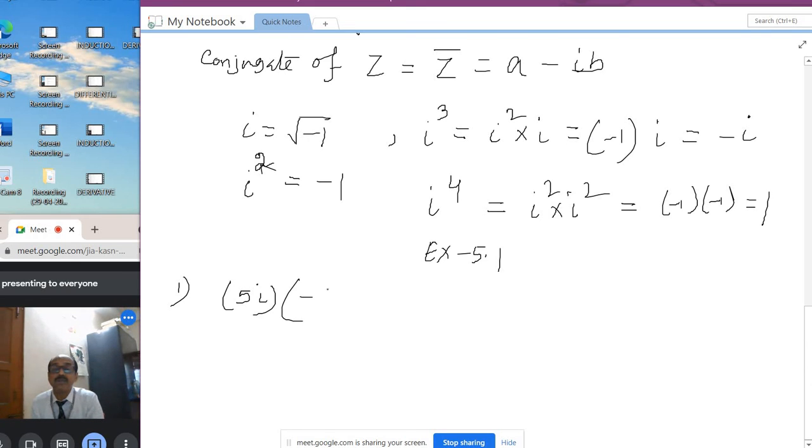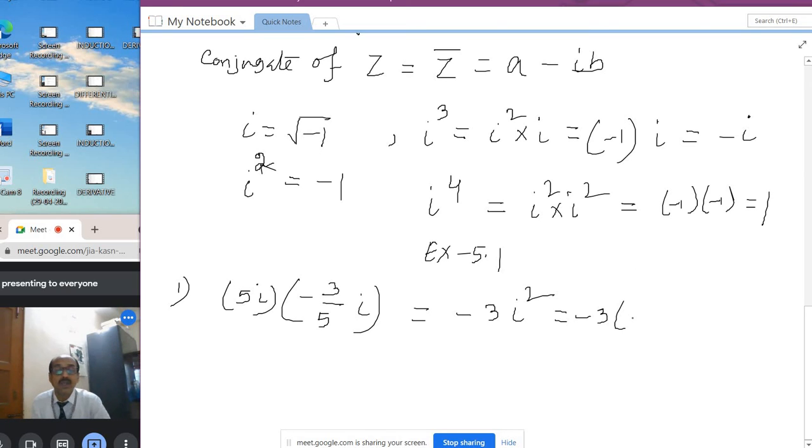5i into minus 3 by 5i. Okay. So this is equal to, 5 cancels, so minus 3 and i into i square. So minus 3 i square. And we know i square equals minus 1.